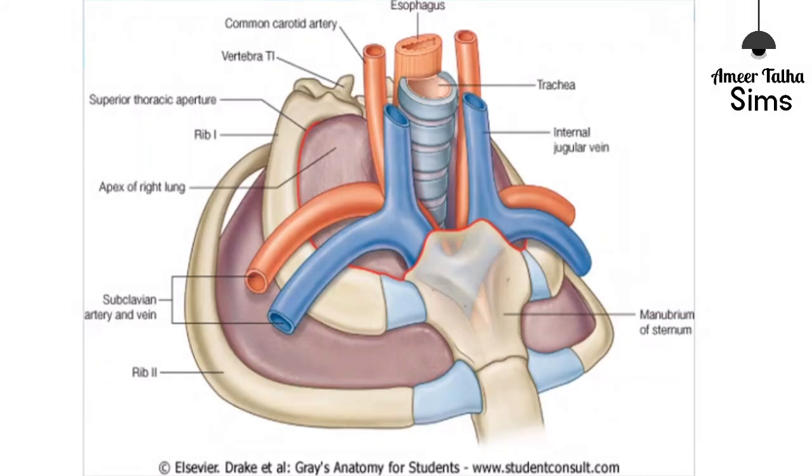It contains viscera, the trachea and esophagus, and great blood vessels: brachiocephalic arteries, brachiocephalic veins, internal carotid arteries, and subclavian artery. These are the apex of the right lung, and this is the apex of the left lung. These are all the structures present in the superior thoracic aperture.